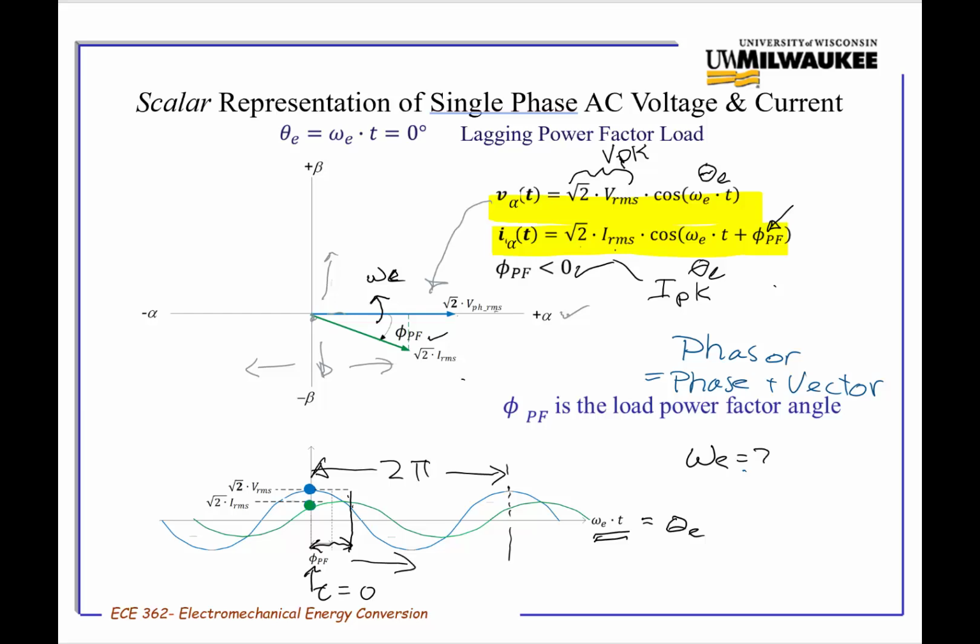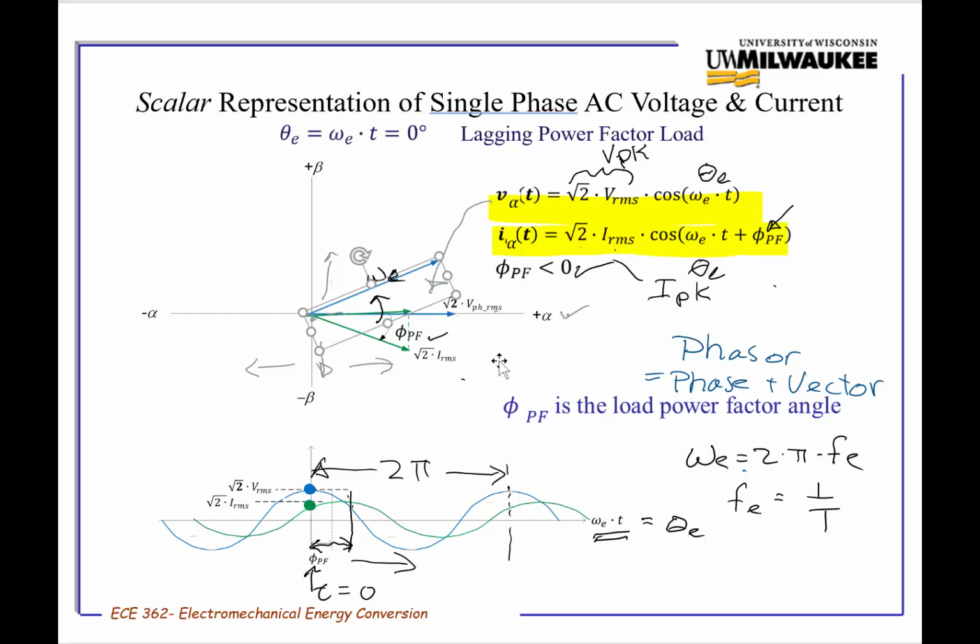But omega e is 2 times pi times an electrical frequency, where the frequency is equal to 1 over the period over which the periodic waveform repeats itself.